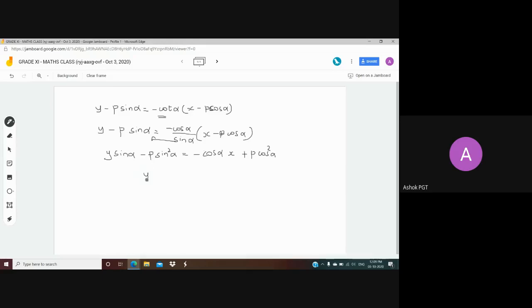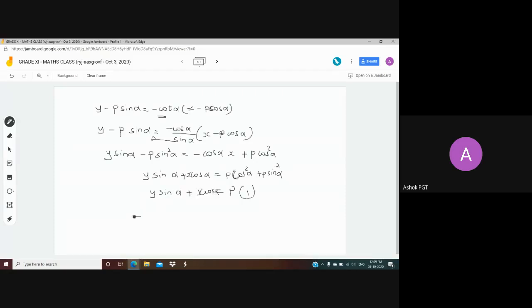Now we can rewrite this as y sin alpha plus x cos alpha is equal to p cos square alpha plus p sin square alpha. If you take p common on the right-hand side, it becomes cos square alpha plus sin square alpha, which is equal to 1. Here we have y sin alpha plus x cos alpha is equal to p.